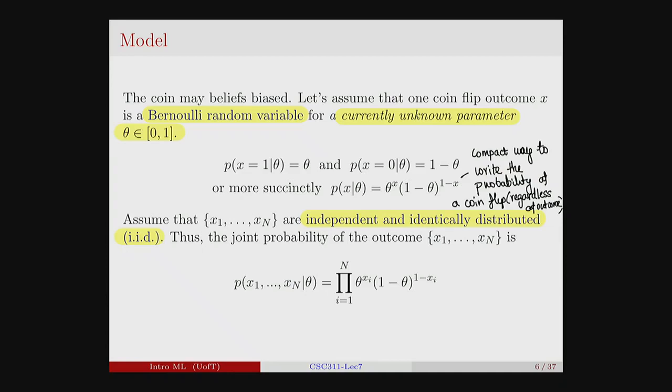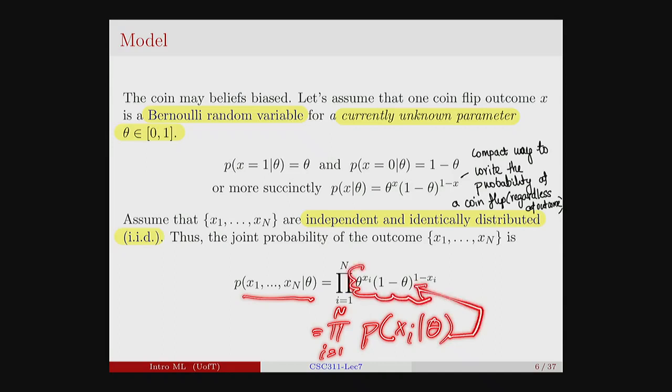So the probability of x1 to xn, given this Bernoulli random variable with parameter theta, can be written as a product of i equal to 1 to n of the probability of xi given theta, and each of the probabilities of xi given theta can be compactly written with this equation that I'm highlighting here.